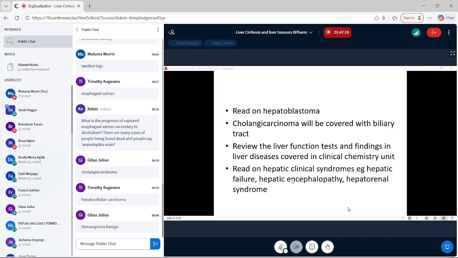So you're able to say, when I talk about an increased gamma GT, what does it imply? If I have a patient who has high levels of gamma GT, what does it mean? You did that. We did the liver function tests.